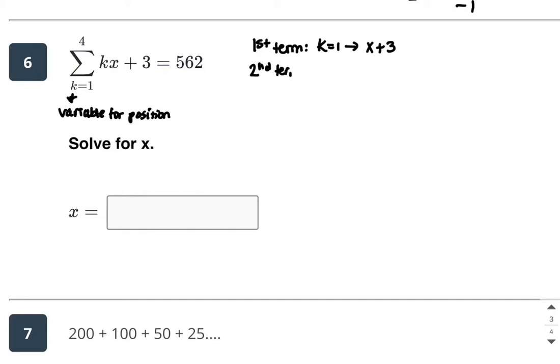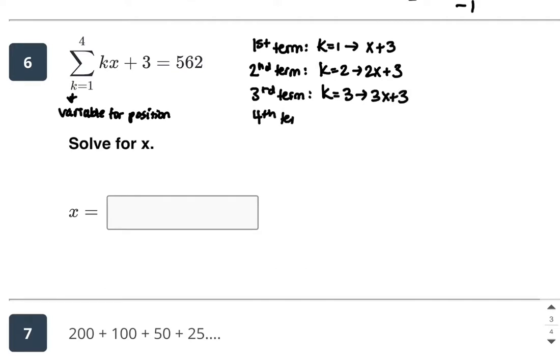For the second term, I know I have k is equal to 2. When I plug that into this formula, I'll have 2 times x plus 3. So 2x plus 3. For the third term, k is equal to 3, I'll have 3x plus 3.